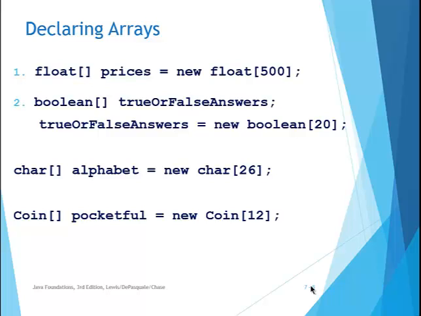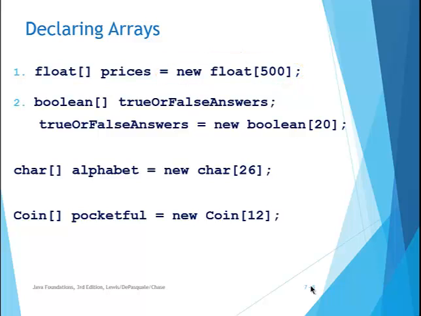Regardless of the one-line or two-line style chosen, we consistently must identify the array type using the type name with a set of brackets and an identifier name for the array. And on the right side of the assignment, use the new operator with the array type containing its size.